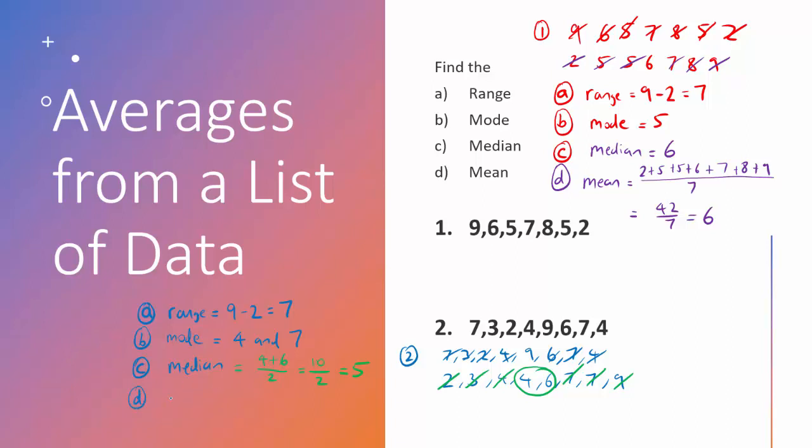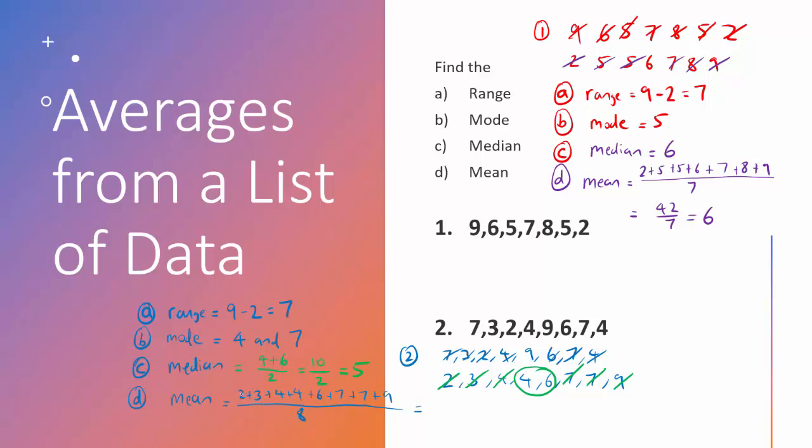So the mean is going to be the sum of all values, which is going to be 2 plus 3 plus 4 plus 4 plus 6 plus 7 plus 7 plus 9 divided by the number of values, which in this case is 8.